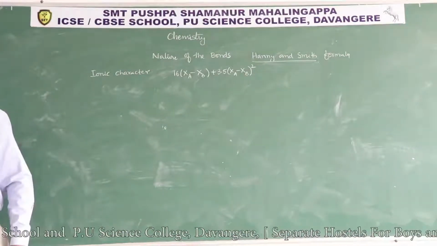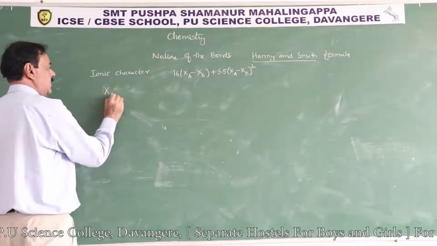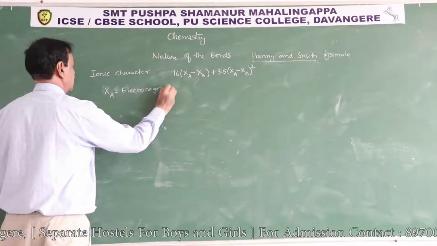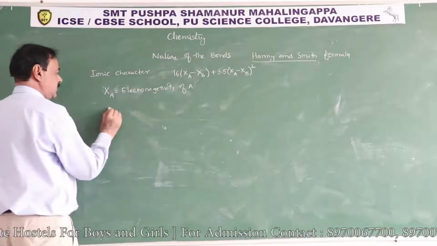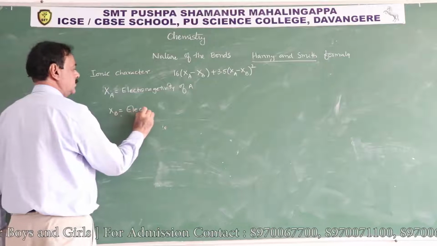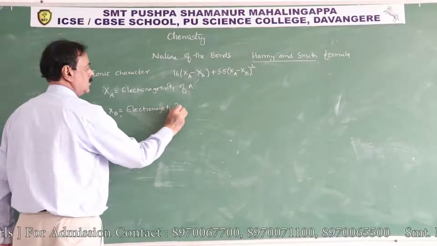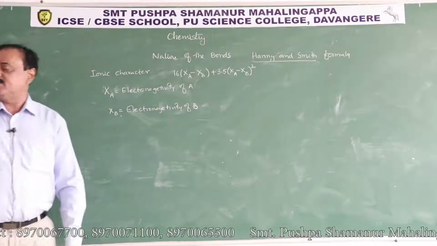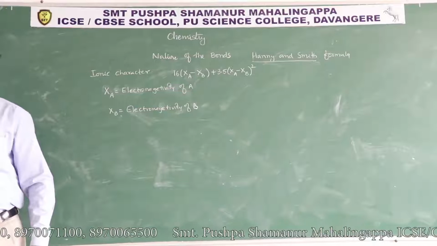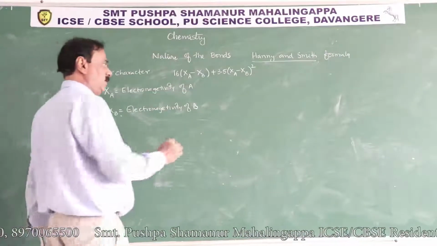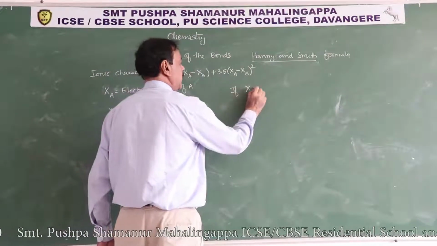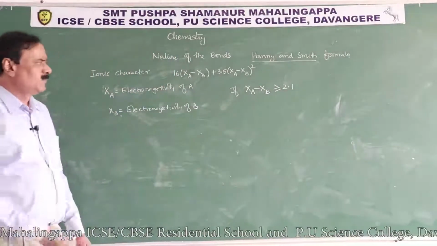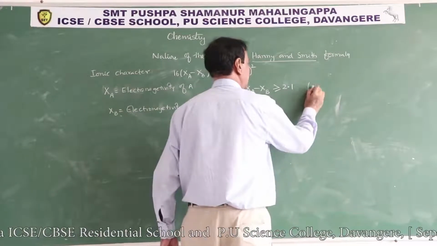Here Xa is equal to the electronegativity of A, and Xb is equal to the electronegativity of B. If the difference in the electronegativity, Xa minus Xb, is greater than or equal to 2.1, the molecule is ionic in nature.